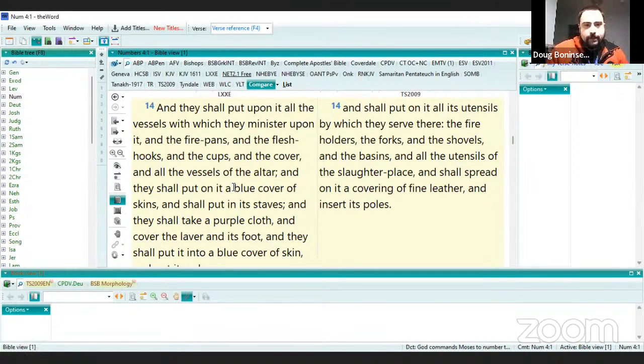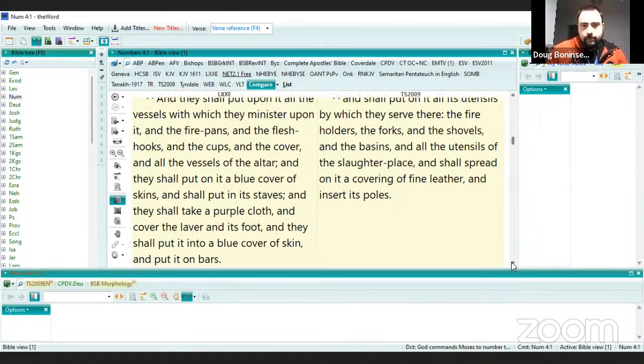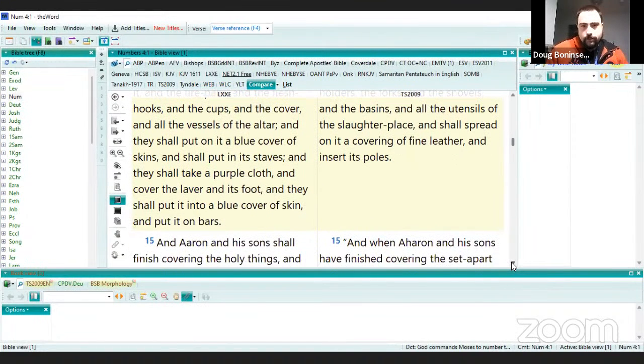They shall put on it a blue cover of skins, and shall put in the staffs, and they shall take a purple cloth and cover the laver and its foot, and they shall put it into a blue cover of skin. Yeah. So again, there's no mention of the blue and purple.